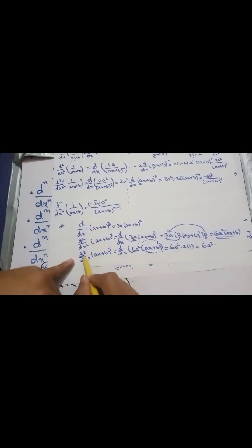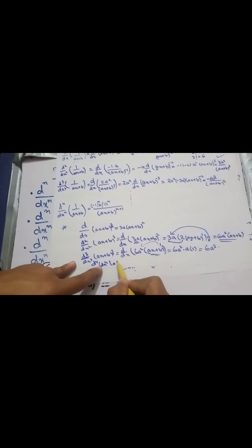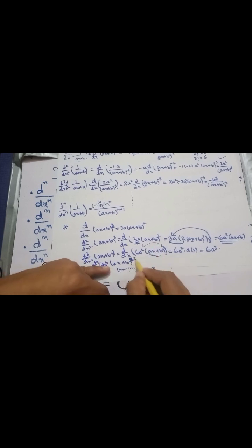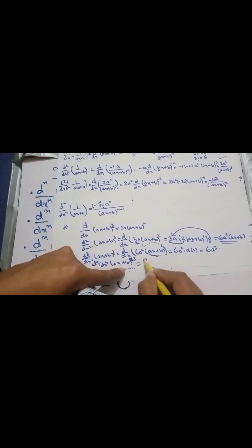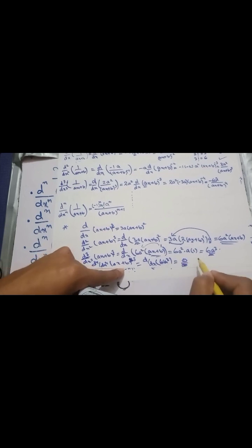And when we take the fourth derivative of the left hand side, we differentiate the right hand side with respect to x, and we observe that it is a constant function, so the answer will be 0.